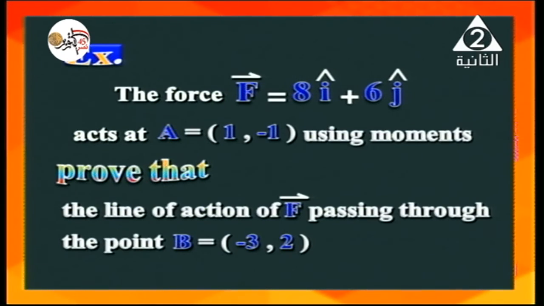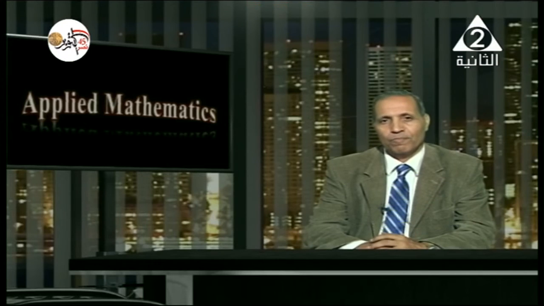My dear student, what do you mean? The line of action of F passes through the point B (-3, 2). In this example, we are required to prove that the line of action of the force passes through the point.